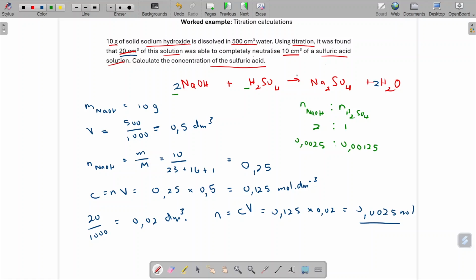We know the volume of sulfuric acid, namely 10 cubic centimeters. So now we can calculate the concentration of the sulfuric acid. Once again, we can't use 10 cubic centimeters. We must convert that to cubic decimeters.